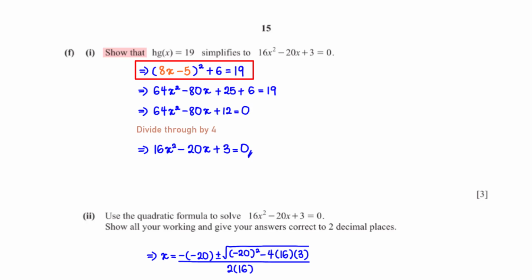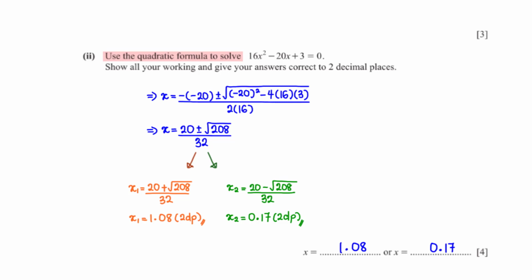When we expand (8x minus 5) squared, we get 64x squared minus 80x plus 25. When we move the terms to one side of the equation and group like terms, we get 64x squared minus 80x plus 12 equals 0. The terms have a common factor of 4. When we divide through the equation by 4, we get 16x squared minus 20x plus 3 equals 0.